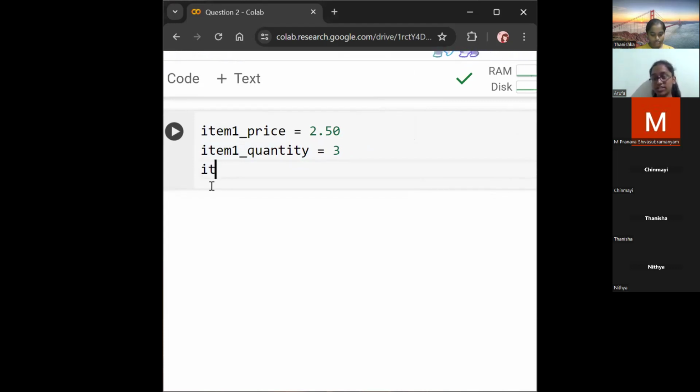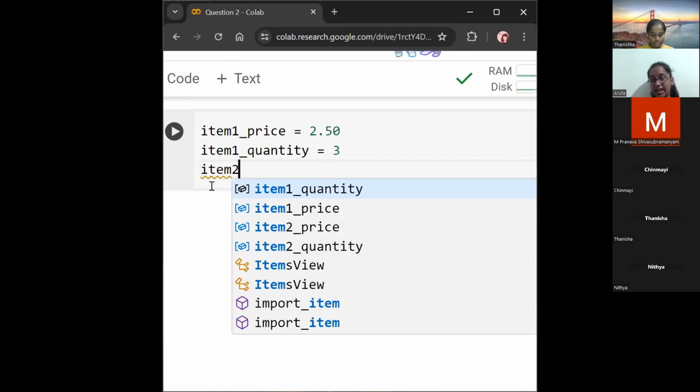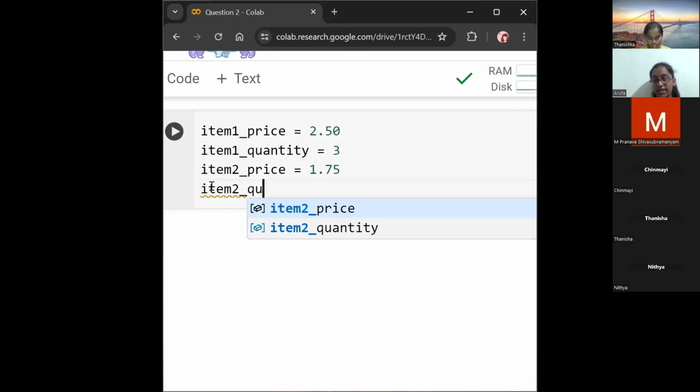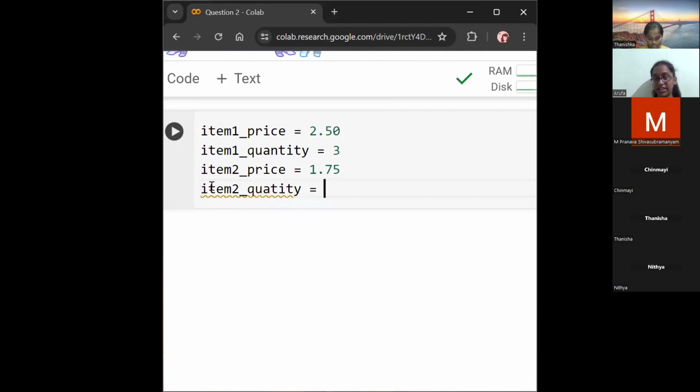We'll do the same with item 2. Item 2 price equals 1.75. Then item 2 quantity equals 2.